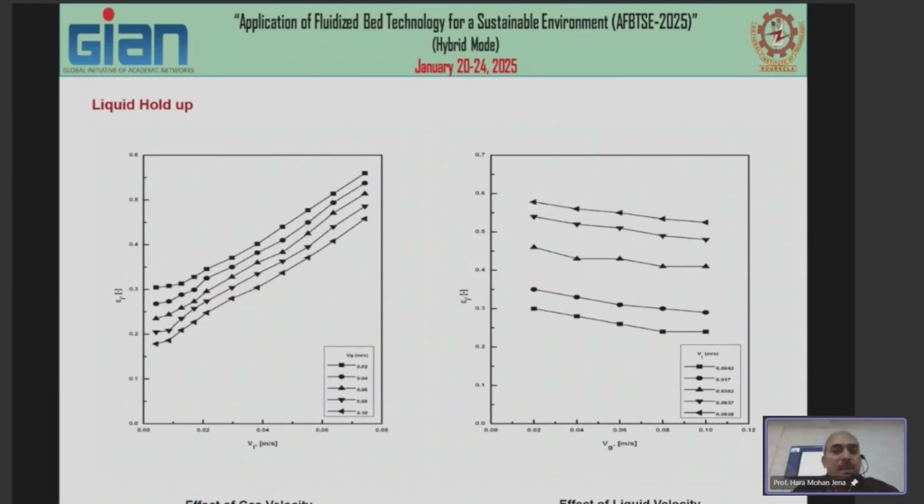Similarly, with increase in liquid velocity, the liquid phase hold up increases because more liquid is there in the bed, as per the inventory. So liquid hold up increases, and with gas velocity, liquid hold up decreases slightly.